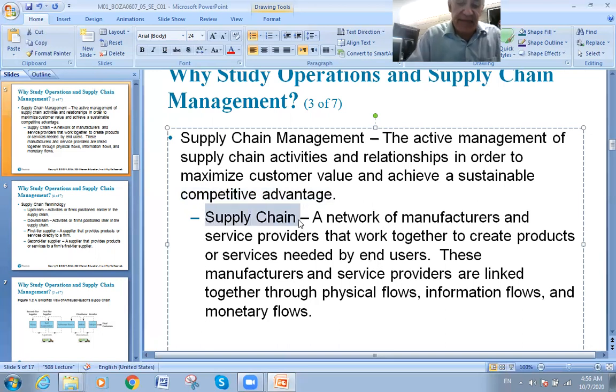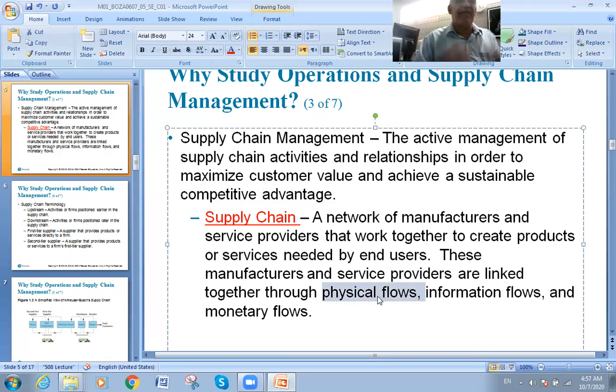This is the identification of the supply chain. What is it? It's a network of manufacturers and service providers that work together to create products or services needed by the end user. These manufacturers and service providers are linked together through physical flow. That's what I said at the start itself.